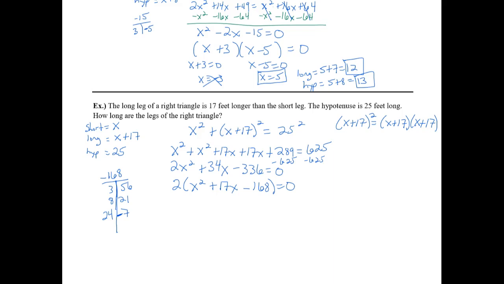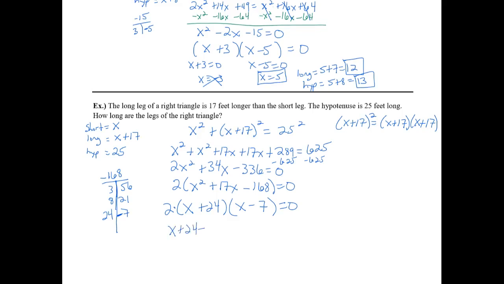That front coefficient is 1, so I can go straight into my factors of x plus 24 and x minus 7. Then I set each factor equal to 0. 2 cannot equal 0, so that's not going to be one of the factors.